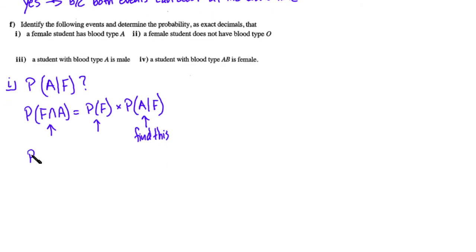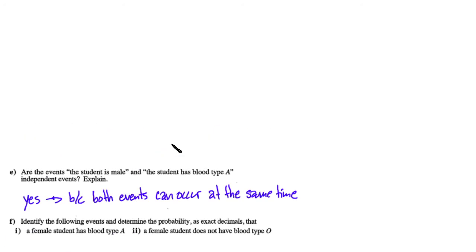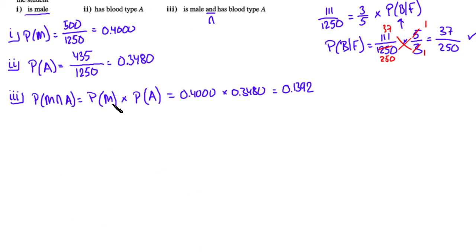So the probability of a student being female and having blood type A is simply the probability of a student being female times the probability of having blood type A. We know that the probability of a student being female is 3/5. We calculated that earlier on, right? And the probability of student having blood type A, I don't remember if we calculated that. If we go back, yeah, it's right there, right? So it's 435 over 1250.